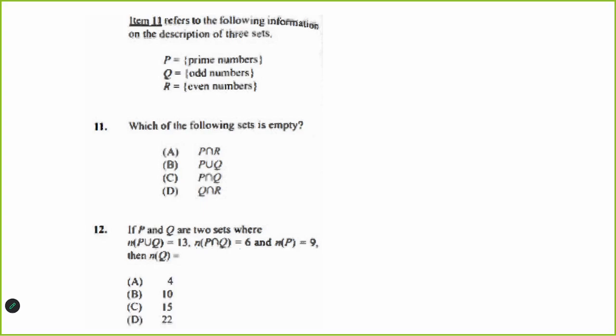Which set is empty, meaning they have nothing in common, other than even? So you're looking for Q intersect R. The number of elements in Q plus the number of elements in P minus the number of elements in P intersect Q is equal to the union, which is 13.